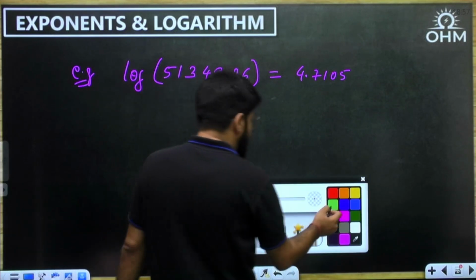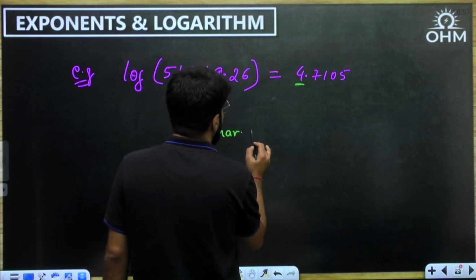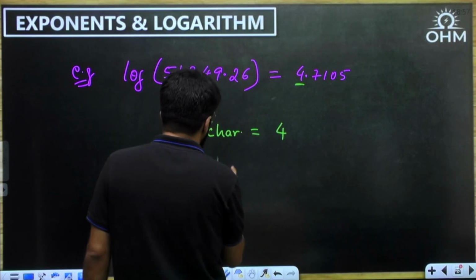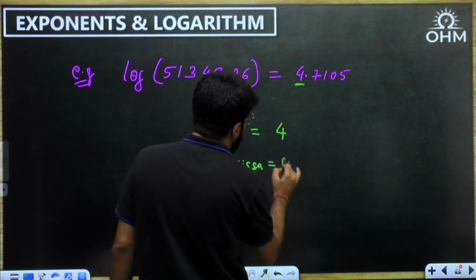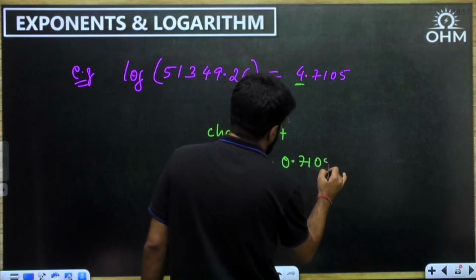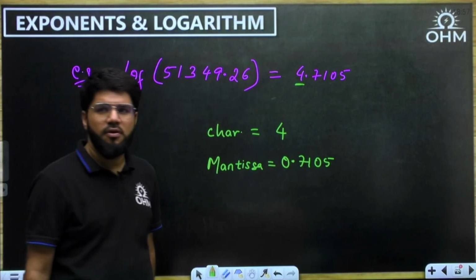Now this integral part is the characteristic, which is 4. The fractional part, the decimal part, 0.7105, is the mantissa. Characteristic plus mantissa is equal to the value of the log.